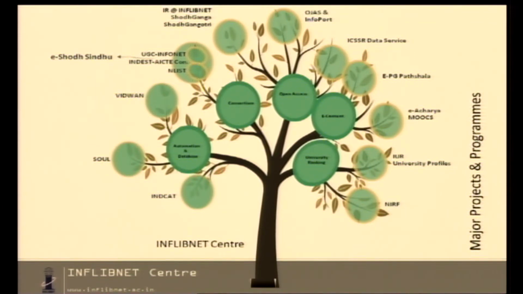Then we have OJAS, that is Open Journal Access System, where we provide a platform to faculty and students in universities to start their own open access journals, where the print copy can continue to be given, but electronic copies are available through our website.